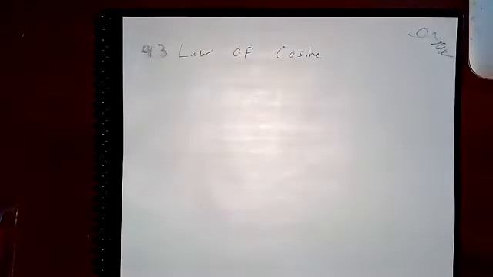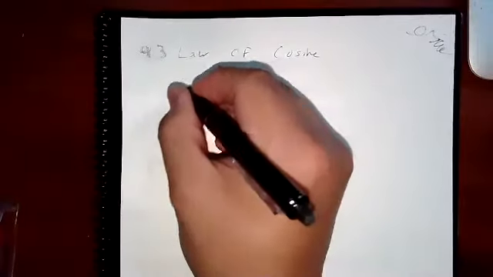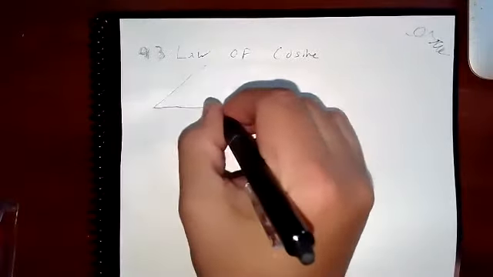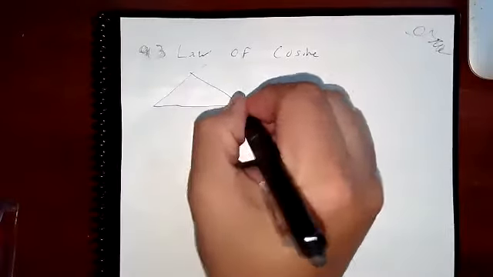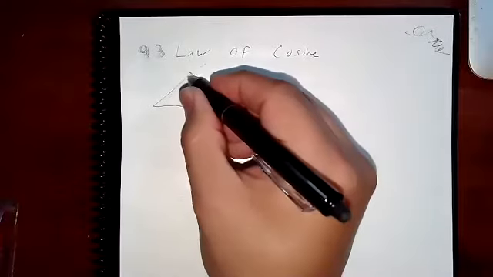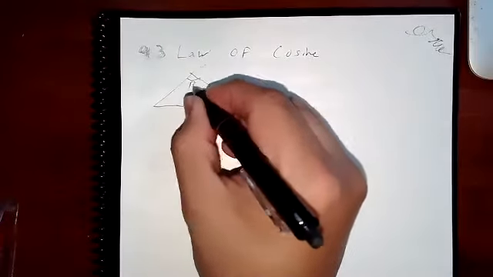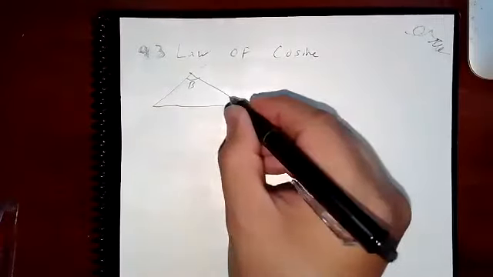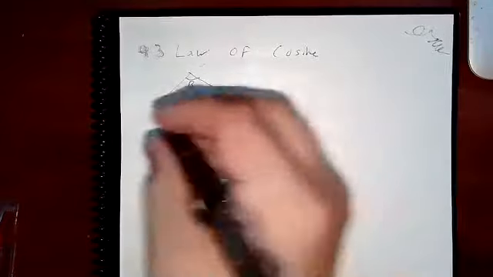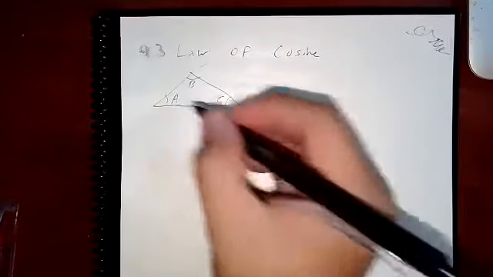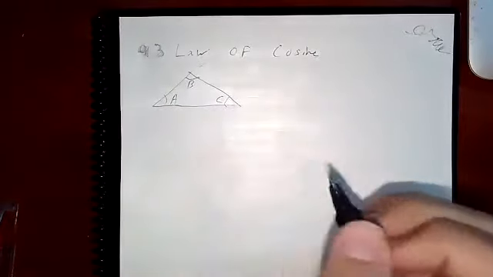Well, first of all, to be consistent with how I drew my triangle last time, let me check. I believe we put B on top, correct? With capital B out here, capital C, and A. Is that right? I think I had C on top.